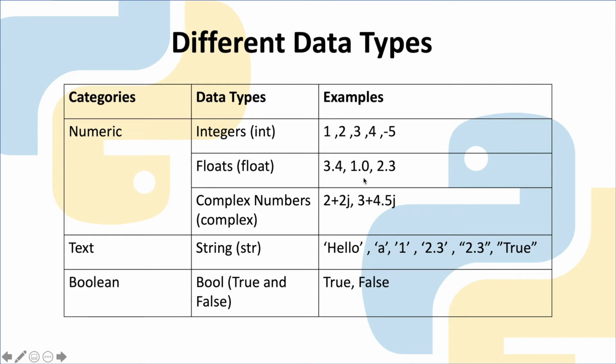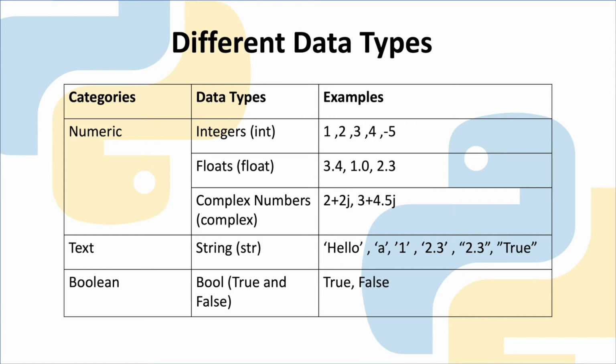In Python or in any other programming language, we call decimals floats. And you can see here from the data types that if it doesn't have any decimal, then these are going to be integers, and if they have decimals, then they will be float. And then the third type is complex numbers. Personally, I haven't dealt with complex numbers a lot in my programming journey, but if you're doing some complicated mathematical stuff, definitely you will be coming across complex numbers.